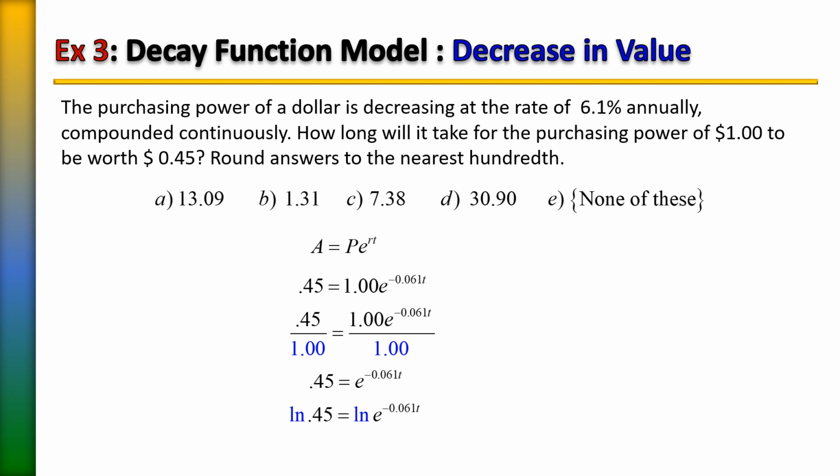By doing so, those two cancel each other out, and what you're left with on the right side is negative 0.061t. Last step, and we'll be done with this problem. What do we need to do at this point? Yes, we want to get t by itself. Right now, it's being multiplied by negative 0.061, so we want to get rid of that by dividing by negative 0.061.